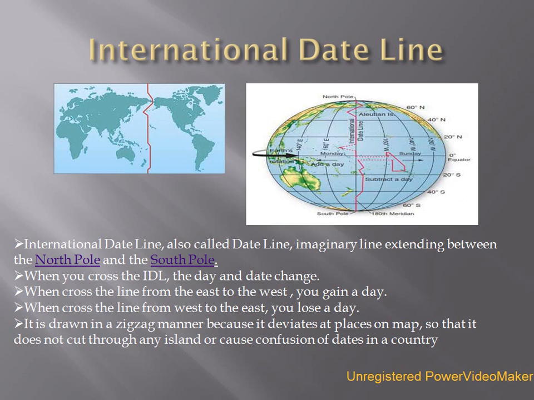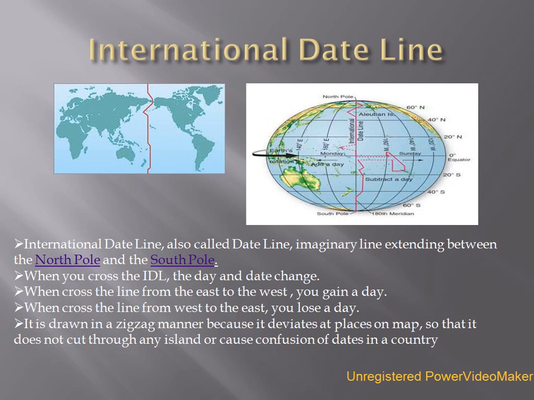This means that if the international dateline passed through a country, that country would have two dates at the same time. It would create a lot of confusion about the timing and the date of that place. That is why the international dateline is a zigzag line, to avoid any confusion.